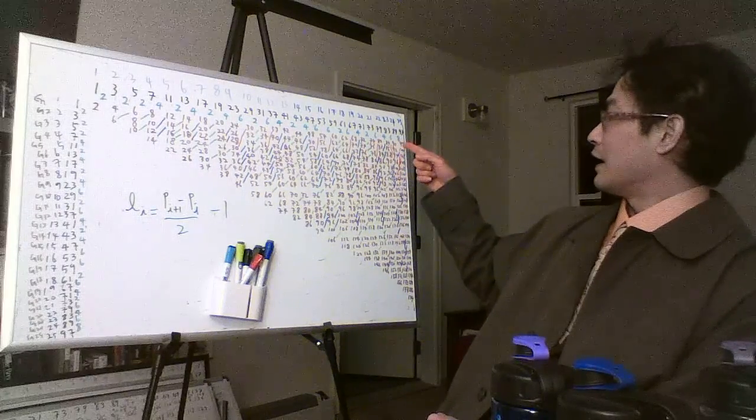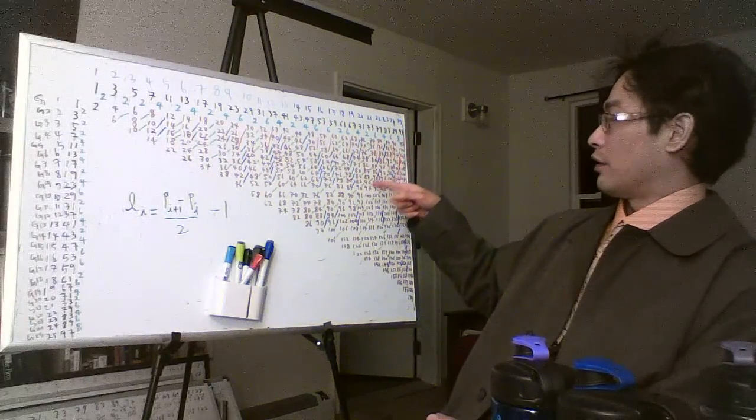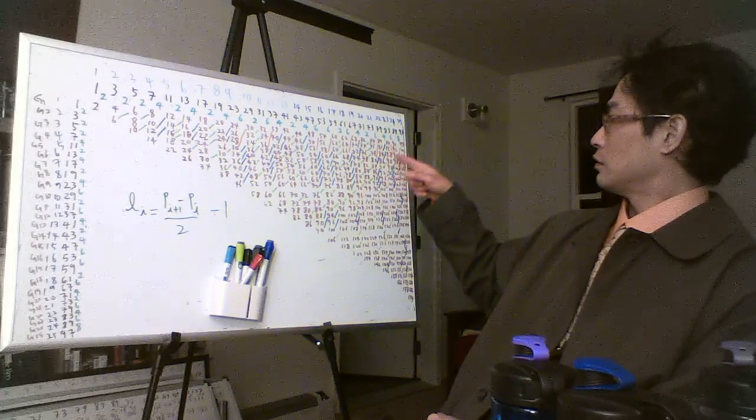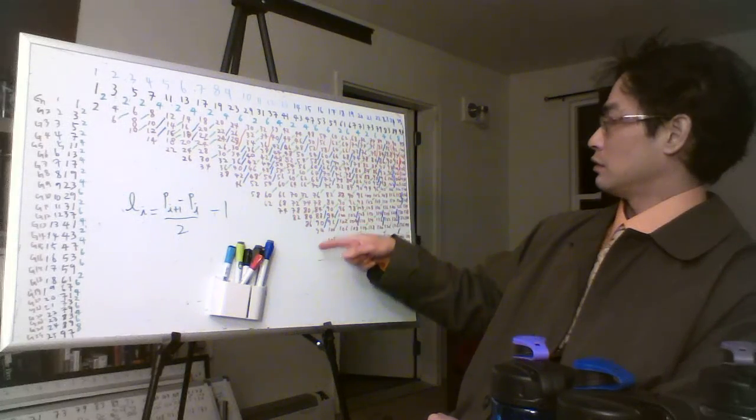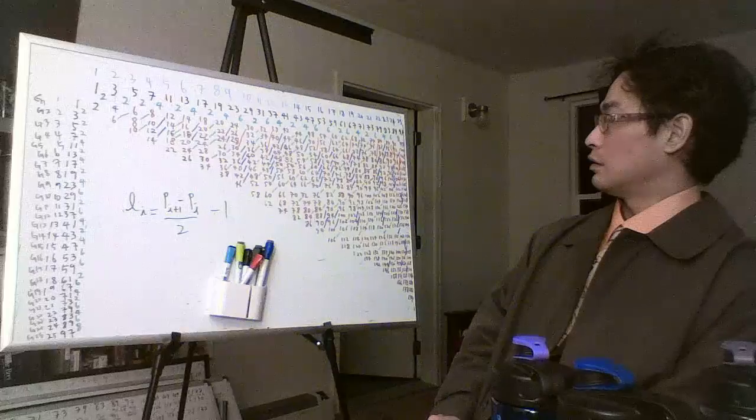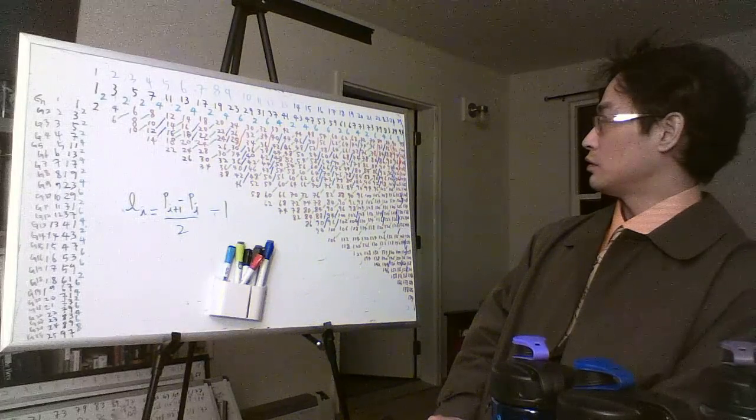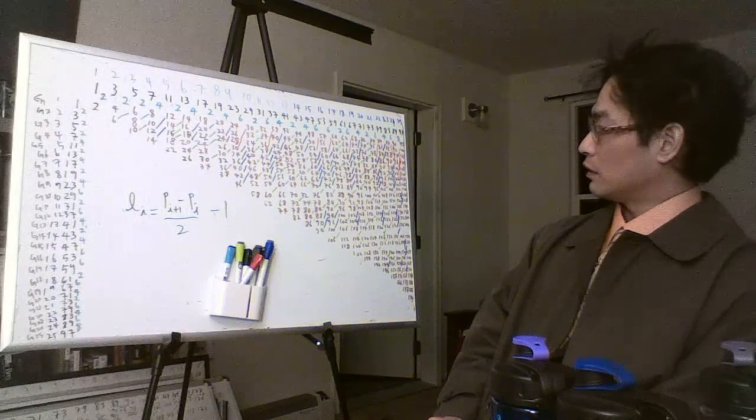Some numbers like 90 are found everywhere. It's continuous. And some numbers don't behave like that.